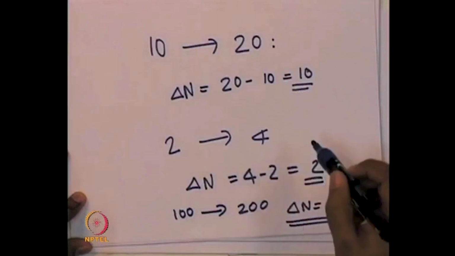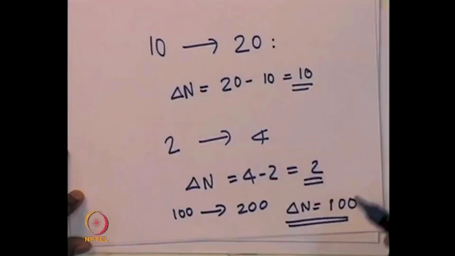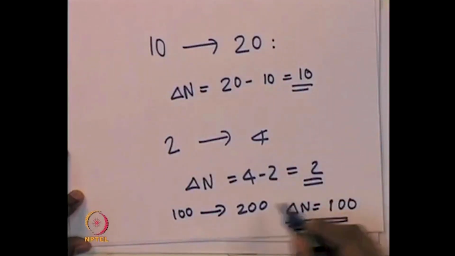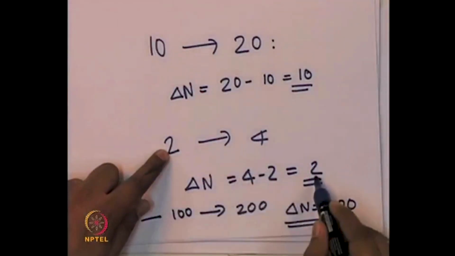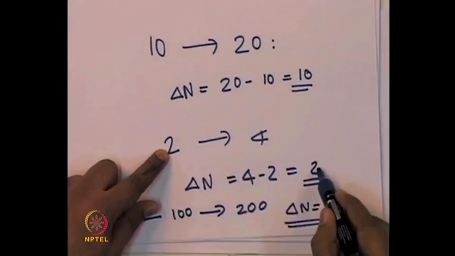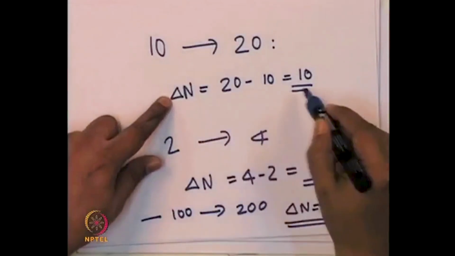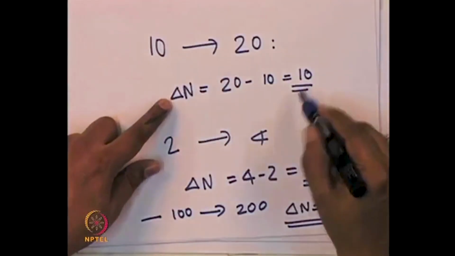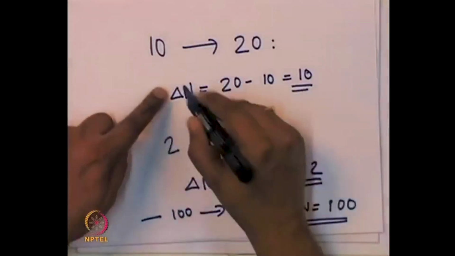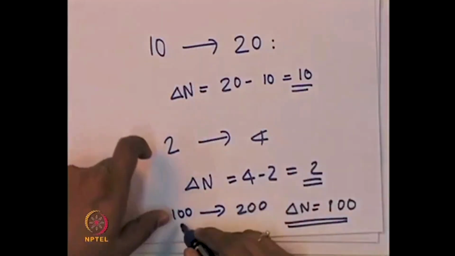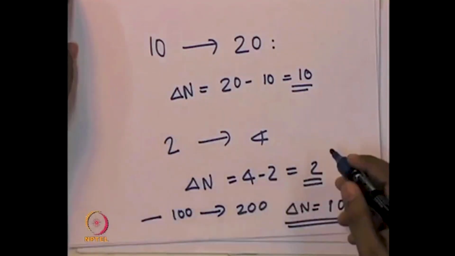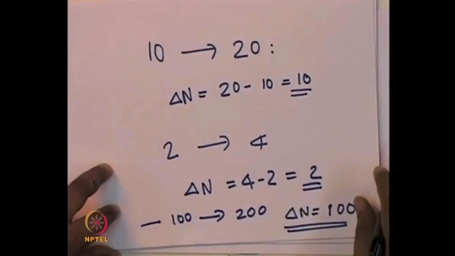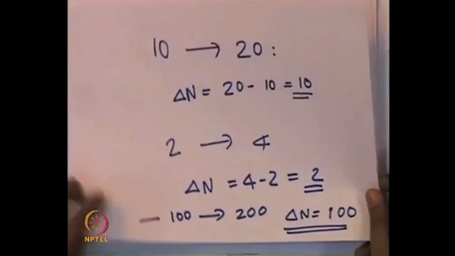How do we say this mathematically? Here we had 100, the delta n was 100. Here we had 2, the delta n was 2. Here it was 10 and the delta n was 10. So, 2 has delta n 2, 10 has delta n 10, 100 has delta n 100. So, the delta n what we have here is proportional to the n.